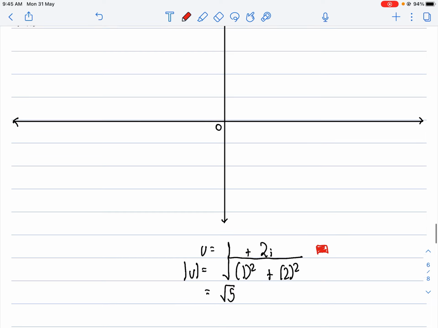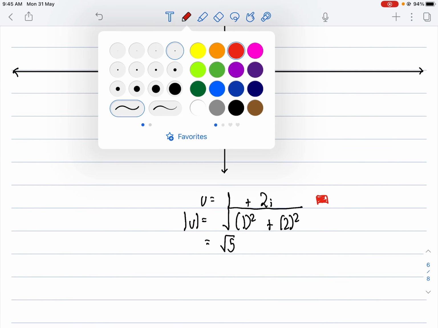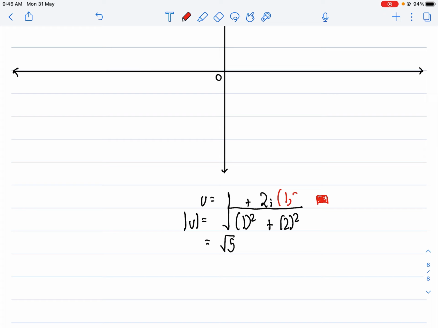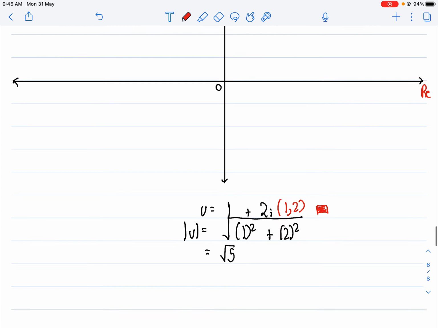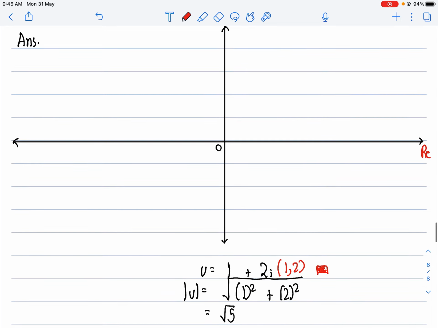The coordinates are simply 1 comma 2, because I have my real part here and my imaginary part here. So I have 1 here and 2 here, which says my point lies somewhere here. Now I know the mod. The modulus of u is simply the distance from the origin, something like this.